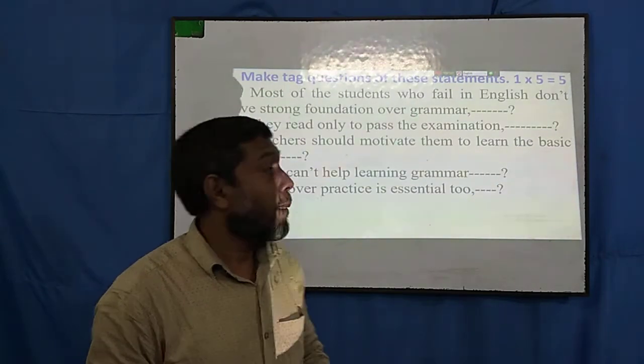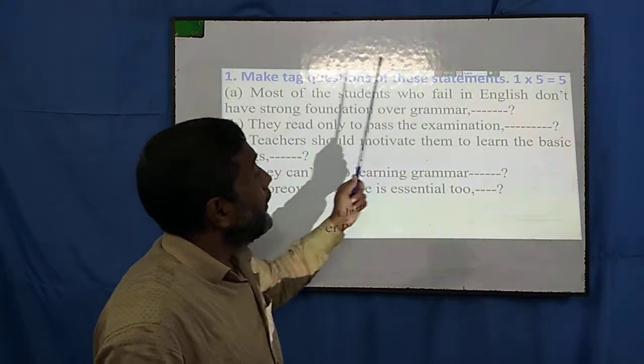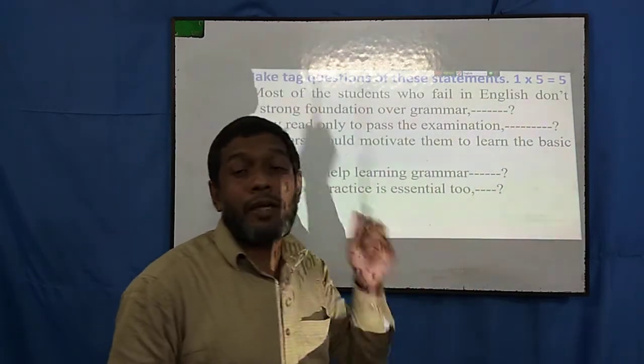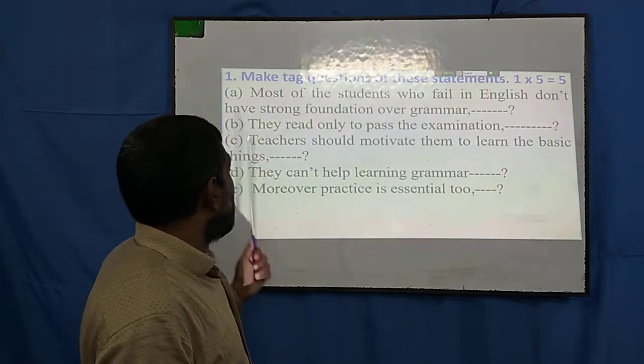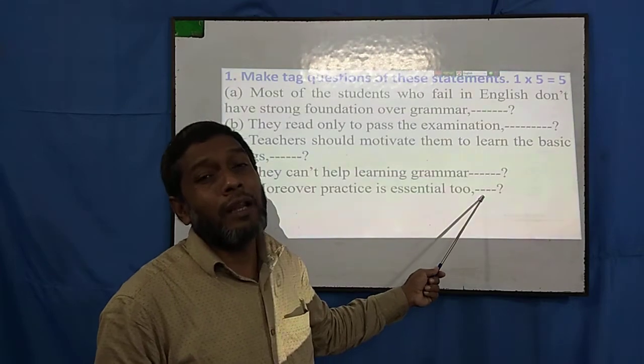Pronominal form means the pronoun. So that particular subject will go there, but it will always be in pronominal form. So if the subject is in noun form here, then I have to use the pronominal form in the tag question.